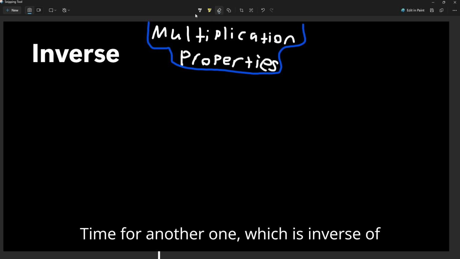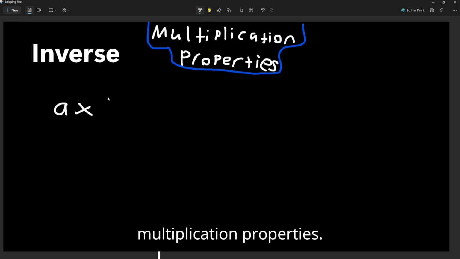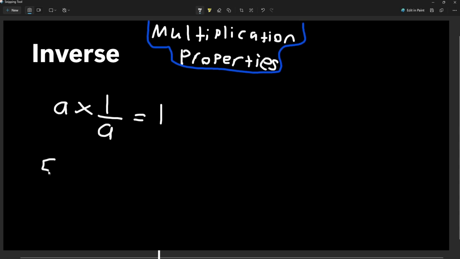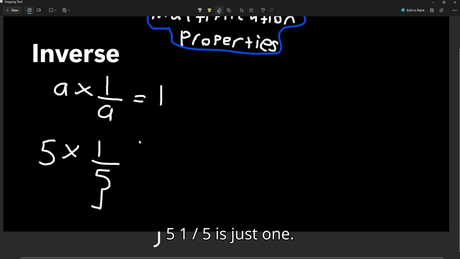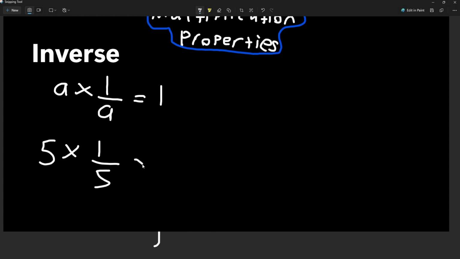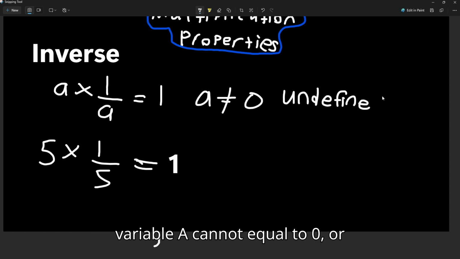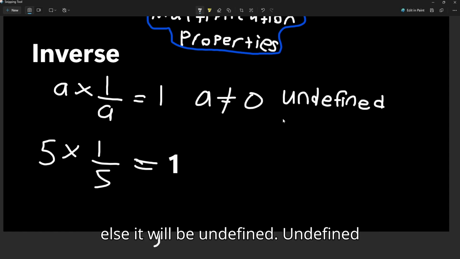Time for another one, which is the inverse of multiplication property. A times 1 divided by a is equal to 1. 5 times 1 divided by 5 is just 1. And one more crucial piece of information is that variable a cannot equal 0, or else it will be undefined.